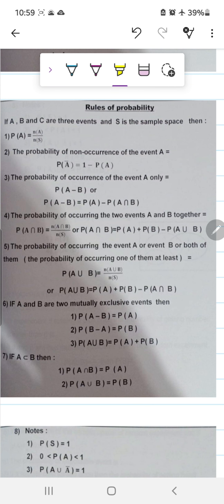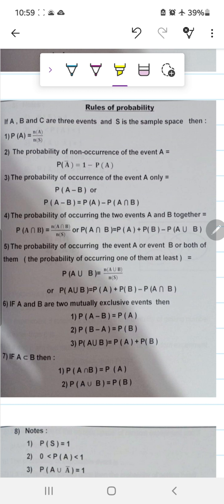We have other rules. If A, B, and C are three events, and S is the sample space, as we said before, probability of A equals the number of A over the number of the sample space, which is the total.